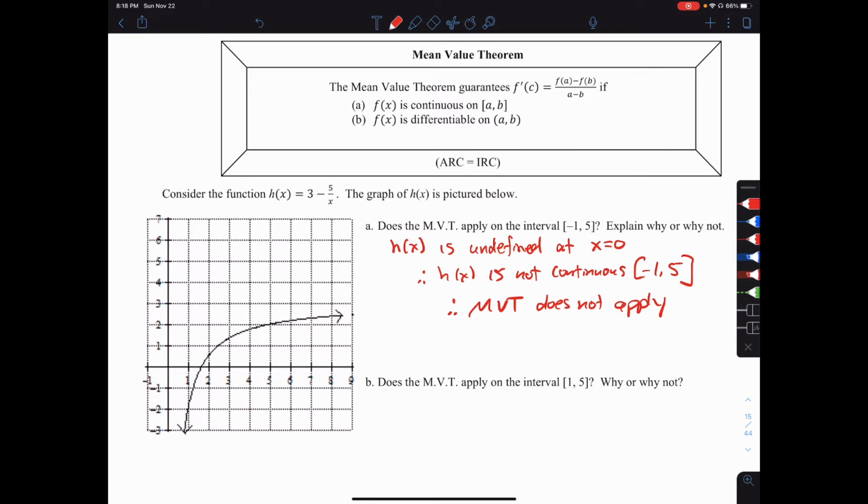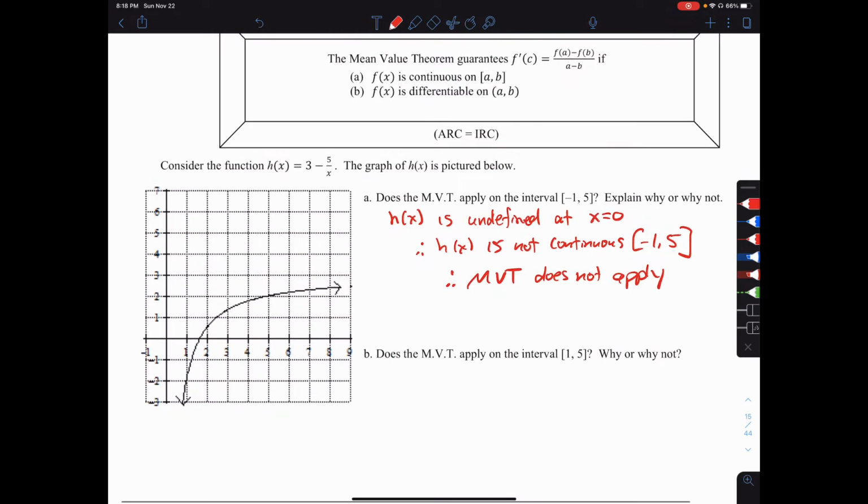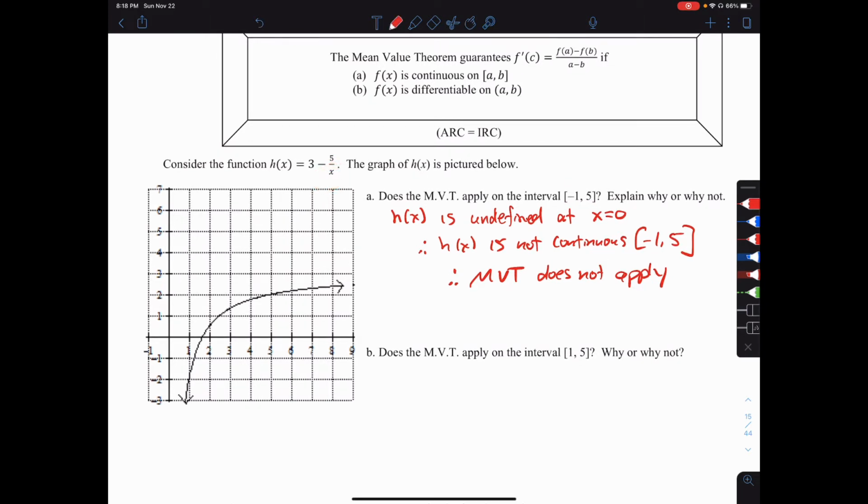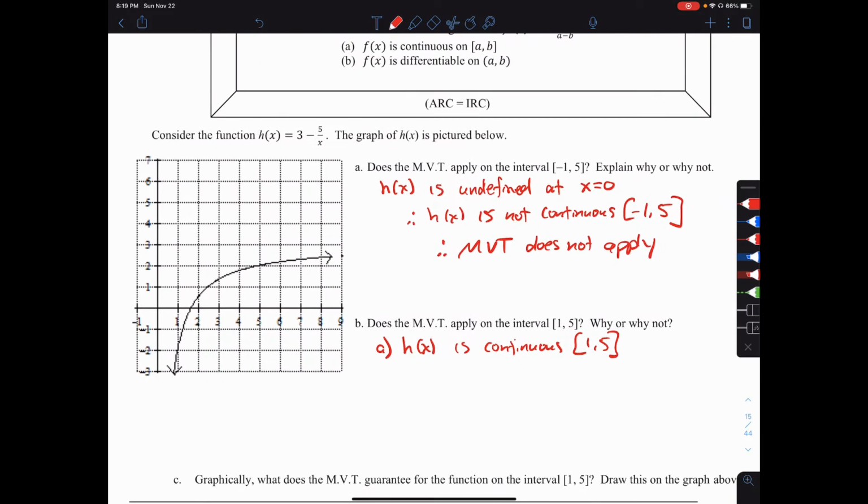B, does the mean value theorem apply from 1 to 5? Well, from 1 to 5, the only place that's discontinuous is 0. 0 is not part of that domain. So we could certainly say that h of x is continuous on this interval. Is it differentiable on the open interval?